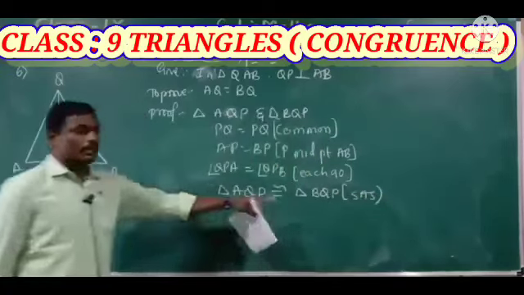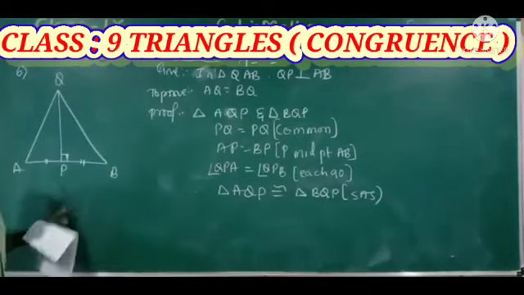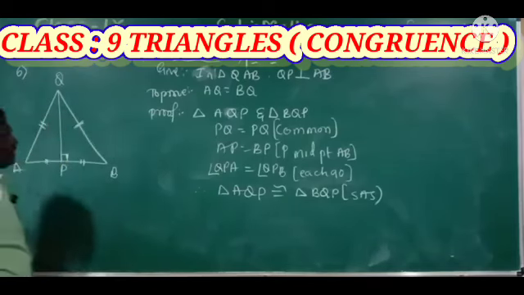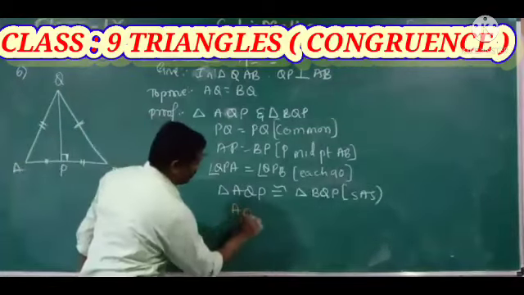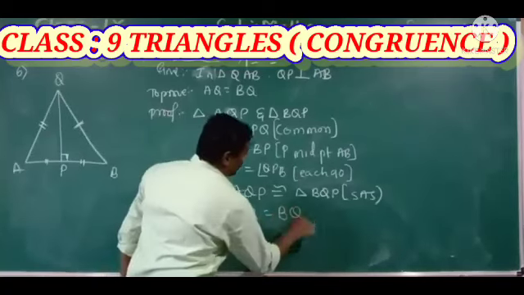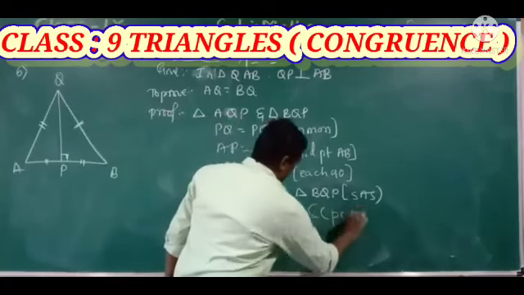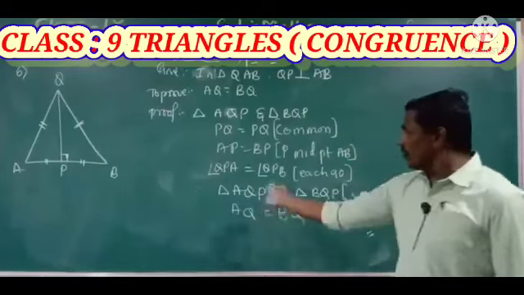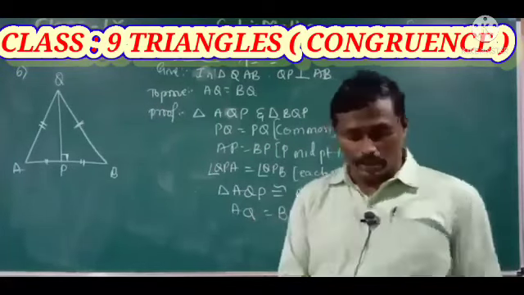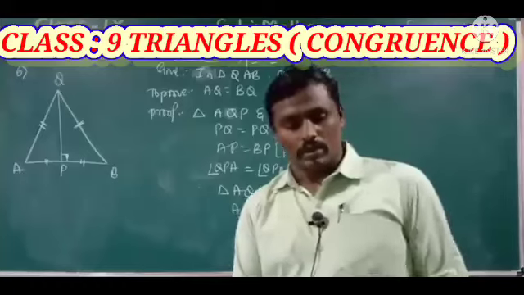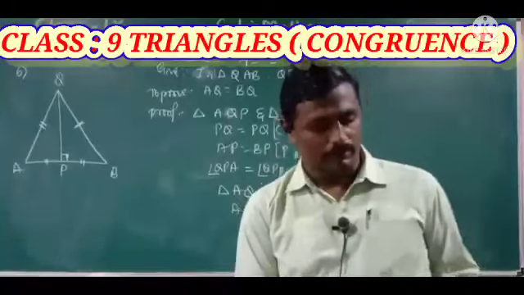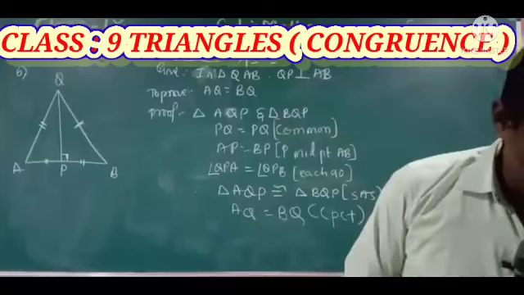Once we prove that two triangles are congruent, the remaining parts are equal. So AQ is equal to BQ by using CPCT, or you can also write it as QA is equal to QB by using CPCT.